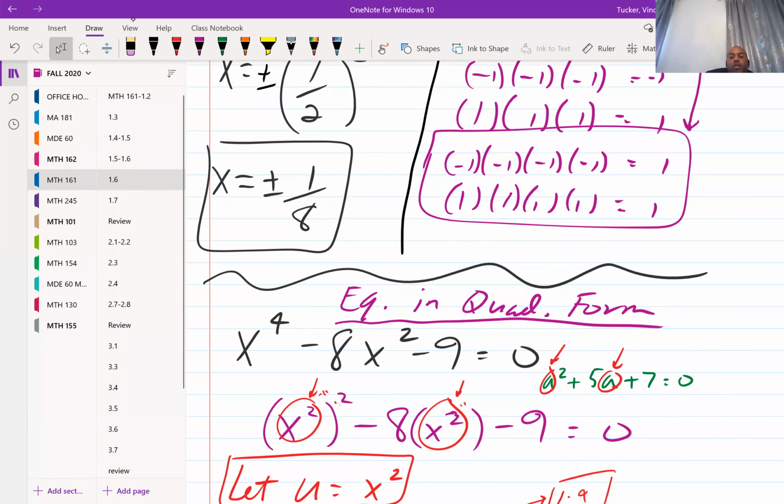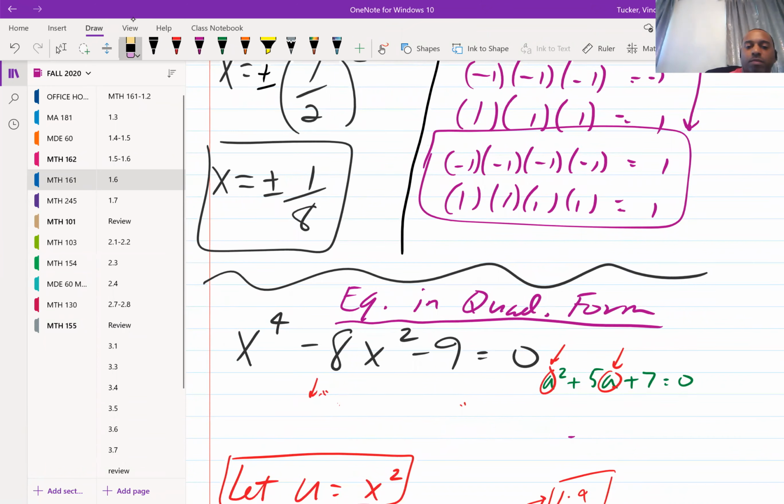All right. So this next one, we're talking about equations in quadratic form. So we have x to the 4th minus 8x squared minus 9 equal to 0. All right.